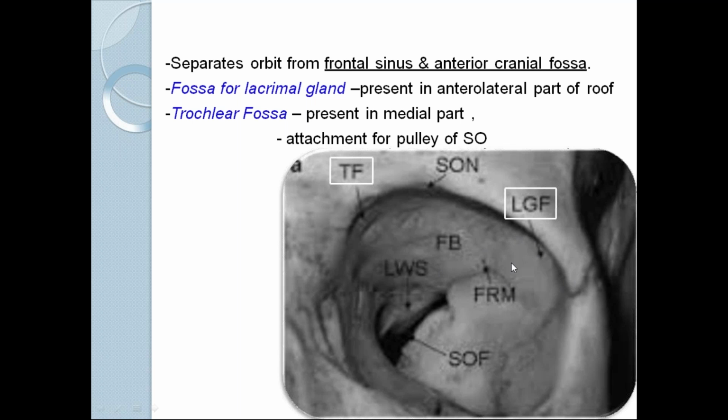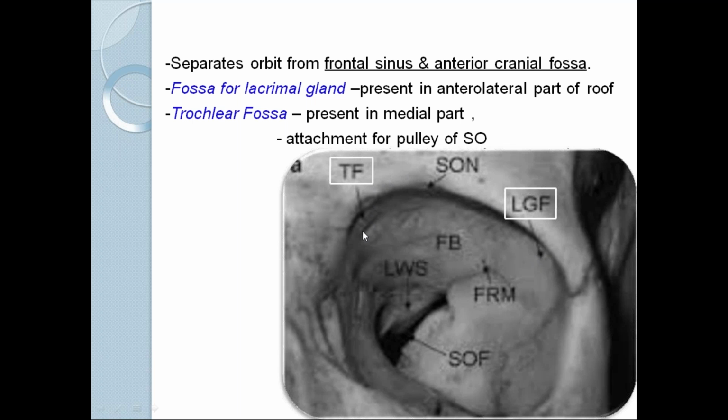This is where the main lacrimal gland sits, and it contains two parts, an orbital part and a palpebral part. I am not going into details about that; probably somebody would have already dealt with that.